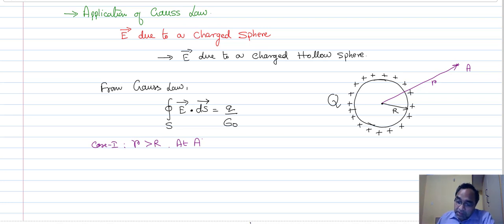Now, from the Gauss law, we will try to make out a Gaussian surface. So let a Gaussian surface pass through that particular point which is under observation. So if you try to visualize, it will be what? It is a sphere of radius small r.